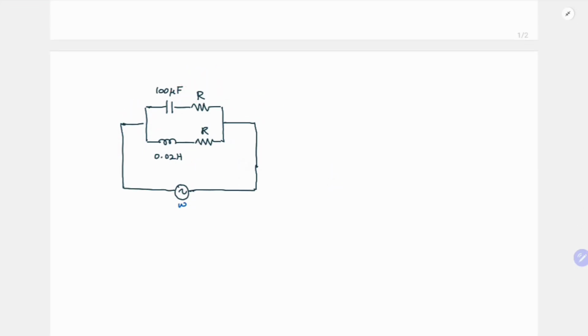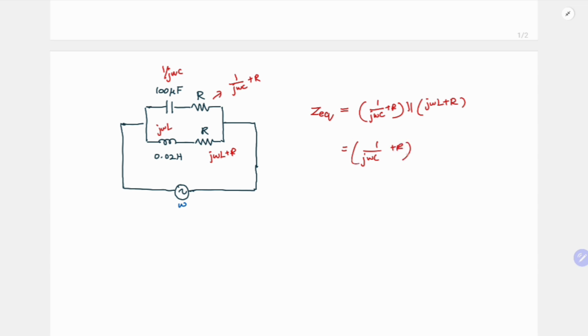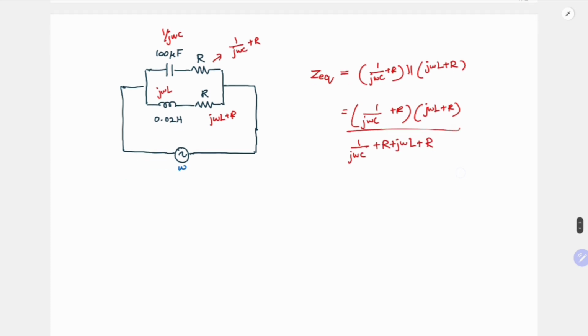Now if I write in terms of impedance, let's say for now I take it as 1 by j omega C and this is j omega L. So this impedance is 1 by j omega C plus R and this is j omega L plus R. The total or equivalent impedance is 1 by j omega C plus R in parallel with j omega L plus R. So this is equal to (1 by j omega C plus R) into (j omega L plus R) divided by (1 by j omega C plus R plus j omega L plus R).